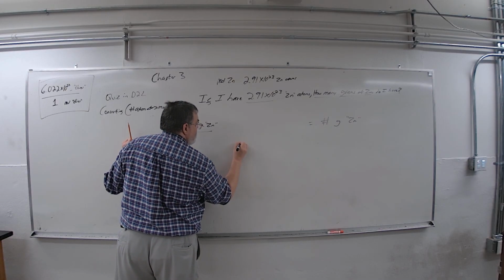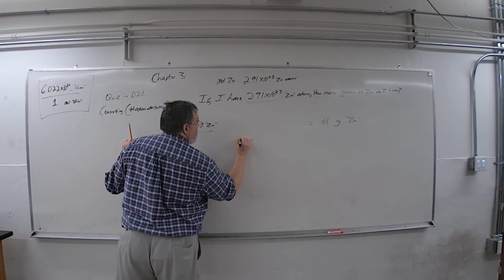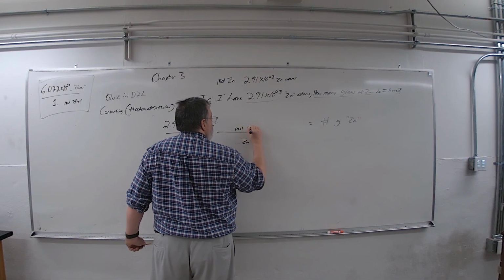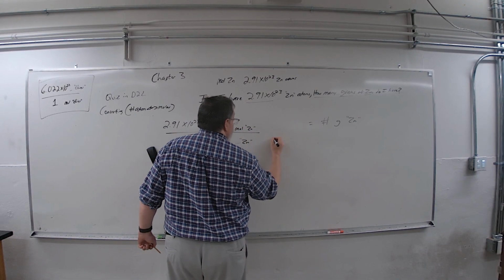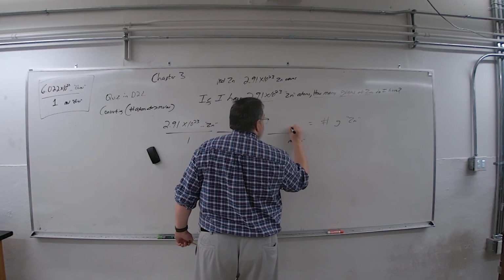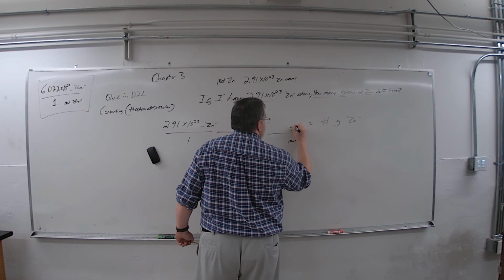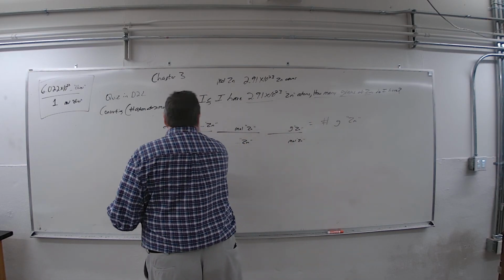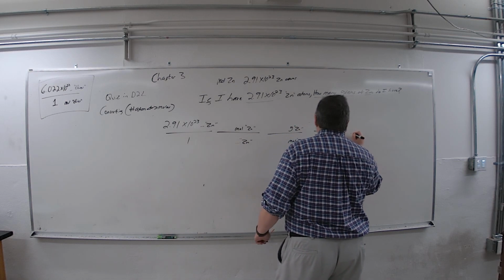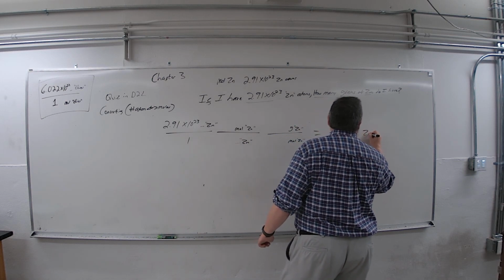So I'm going to need zinc down here, and then moles of zinc atoms, and then I'm going to need moles of zinc atoms to grams. Equals some number of grams.